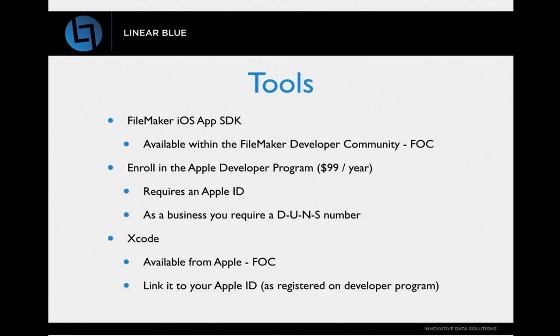And it's what the iOS app SDK from FileMaker integrates with to help us build our application. And once we've got our Apple ID, you put that into Xcode in the preferences, and it ties the whole thing together and links it to your Apple Developer Program. Of course, if you're an end user, then your developer's probably going to do all this for you. And this is a process, for example, that we've already been through for some of our clients.